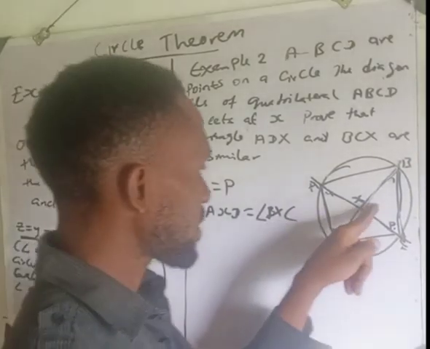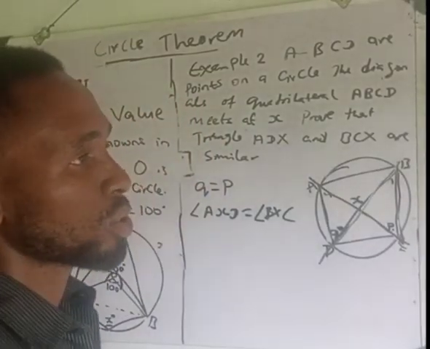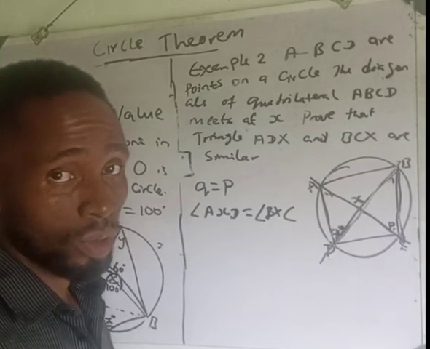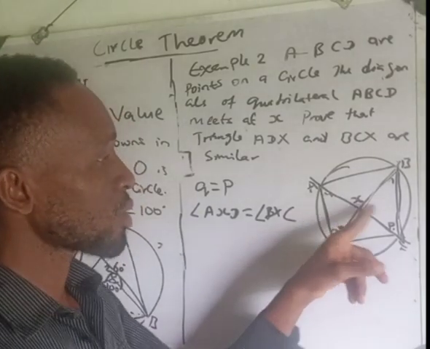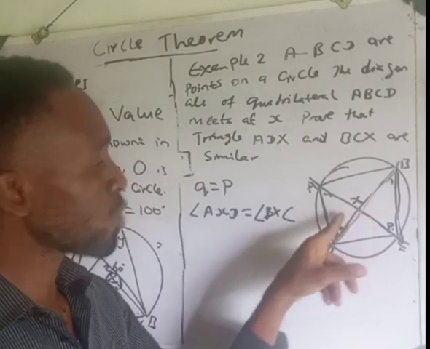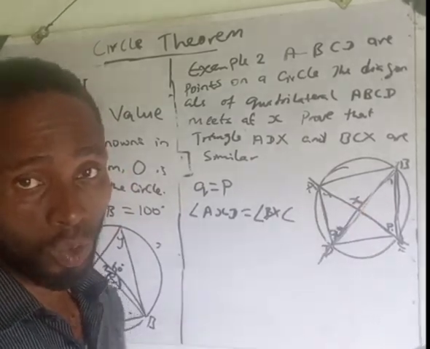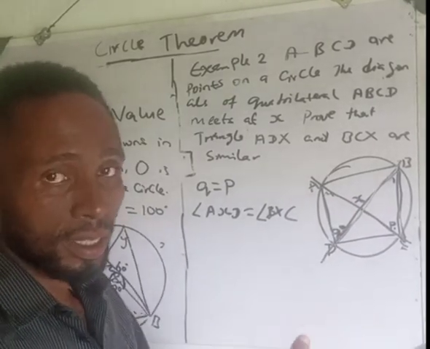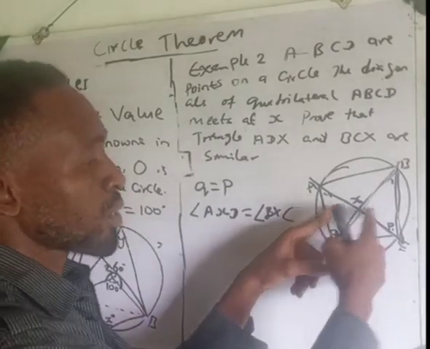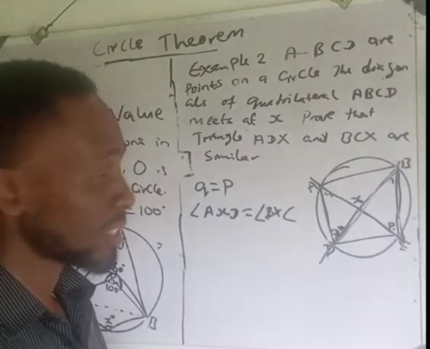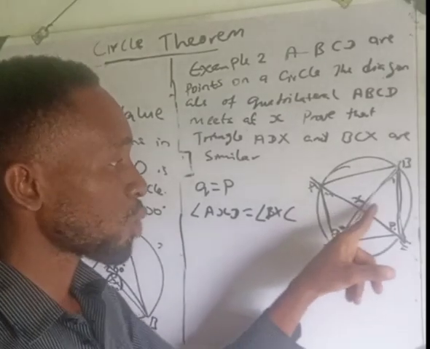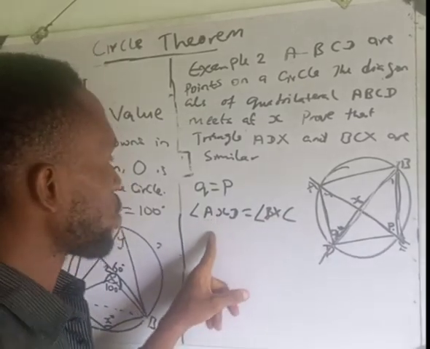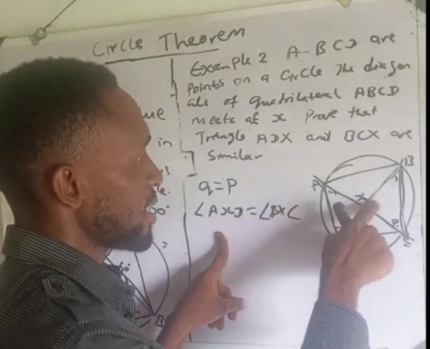This angle and this angle are equal because they are intersecting angles, right? When two lines intersect, the opposite angles of those intersecting lines are equal. So whatever we have here is what we have here. Also, what we have here is also what we have down here. So this angle here and here are also equal.